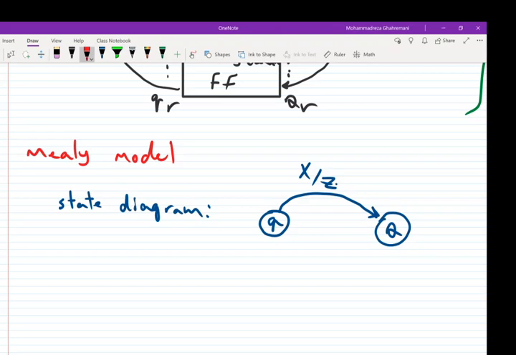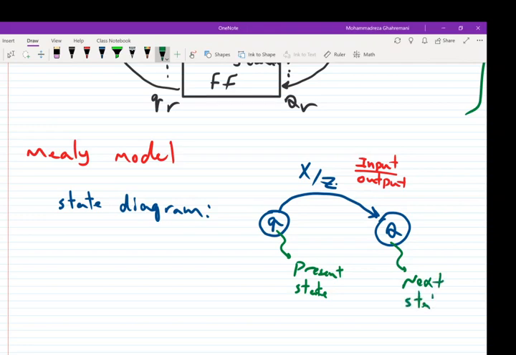Of course, x is input and z is output. Lowercase q is the present state. Uppercase Q is the next state. And this arrow is the transition.